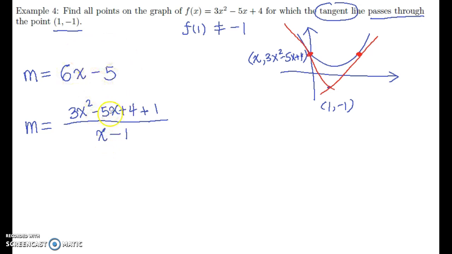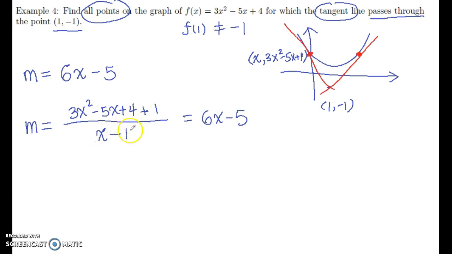One is the derivative, another is using the 2 points. Those are the information we need in order to solve for x, because the slopes have to be equal. Once we have this equation, we will be able to solve for x and find the points that the question is asking for.